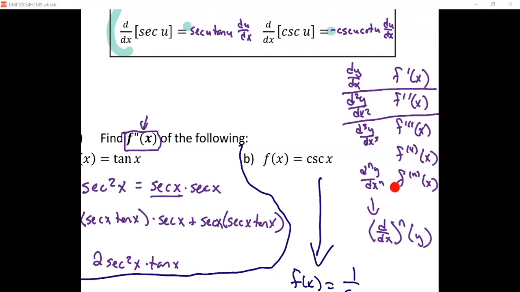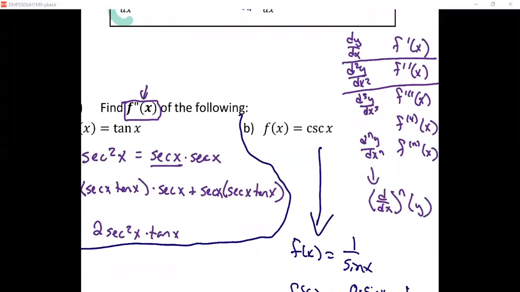Now, when it comes to the Leibniz notation, we say d to the nth power of y over dx to the n. What's really happening here is we are saying how many derivatives we are taking with respect to x of the function y. So a lot of students ask, why is that exponent here instead of on the outside? It has to do with how many derivatives we're taking.